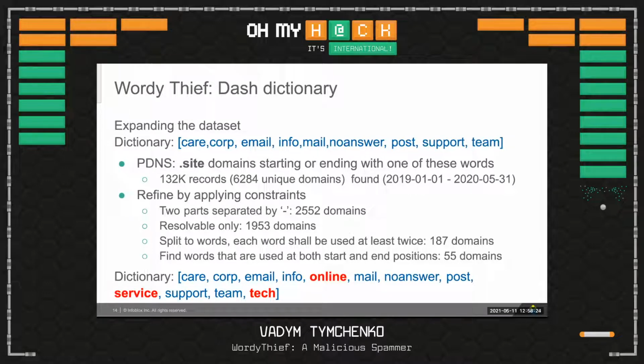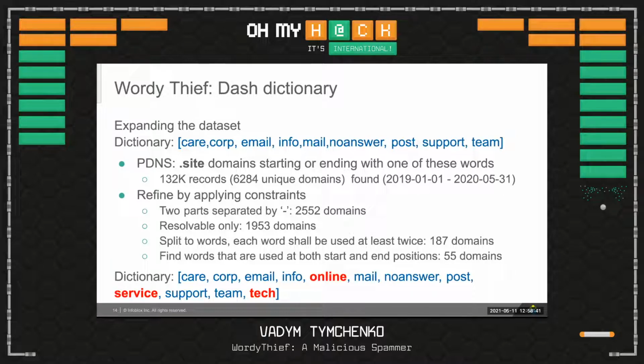Overall, there are 132,000 daily records found in a year and a half, and these records actually correspond to slightly over 6,000 unique domains.